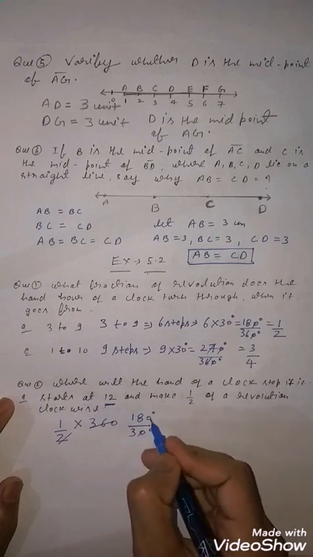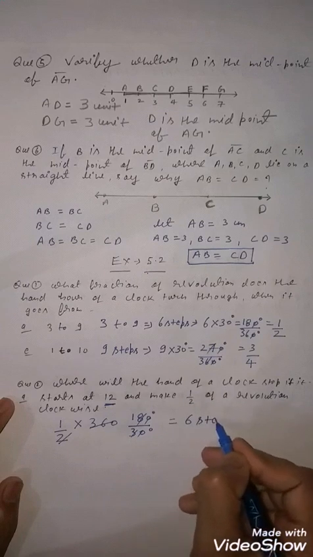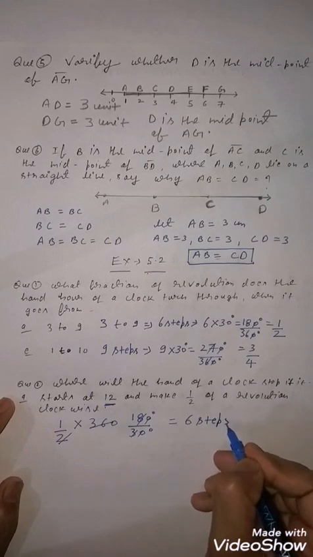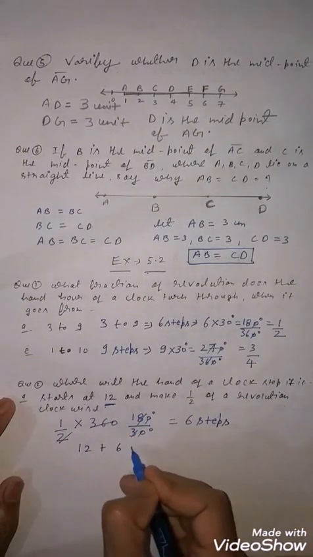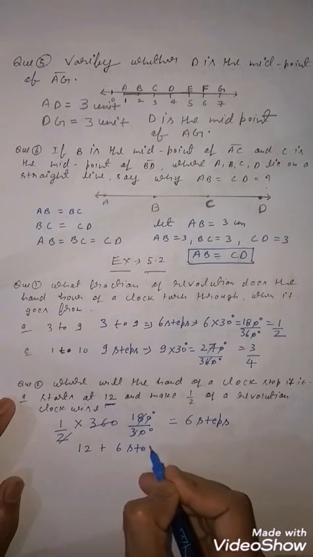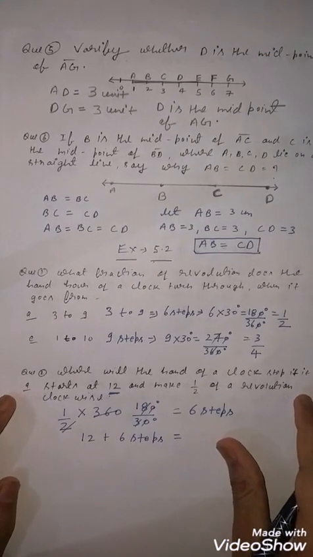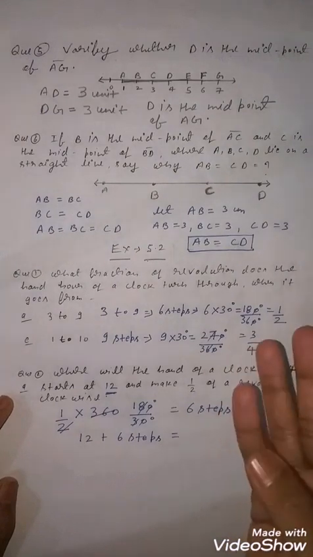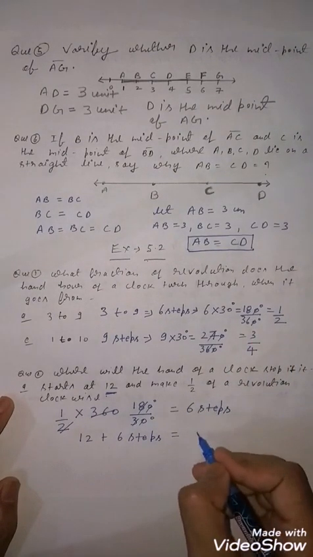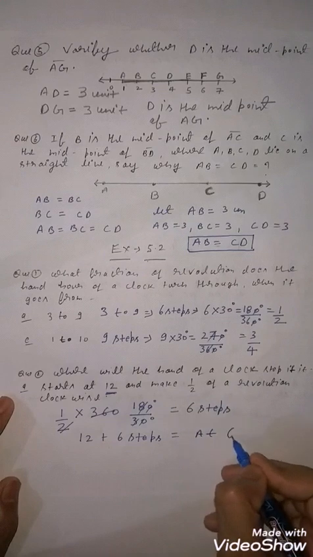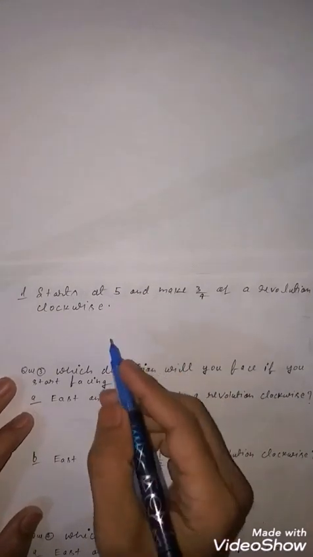So here the 10s cancel, 3 sixes are 18. That means you have to complete 6 steps. Now 12 plus 6 steps you will do. Clear, students? So what will it come to after 12, counting 6 steps? 1, 2, 3, 4, 5, 6. That means at 6. Clear, students?